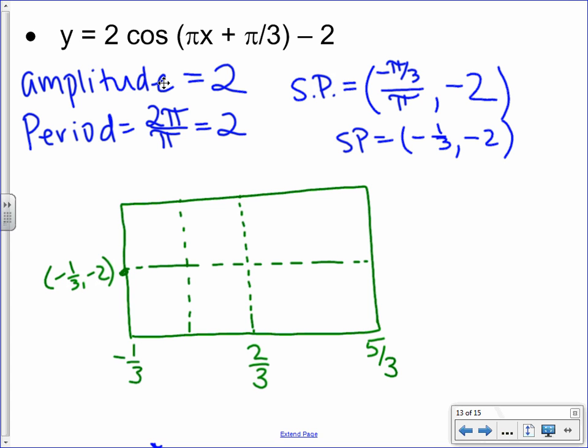To figure out what that number is, take negative 1/3, add it to 2/3, and cut it in half. So here we are at 1/6. And then we're going to cut it in half over here. So take 2/3, add it to 5/3, divide by 2. And so here we are at 7/6.